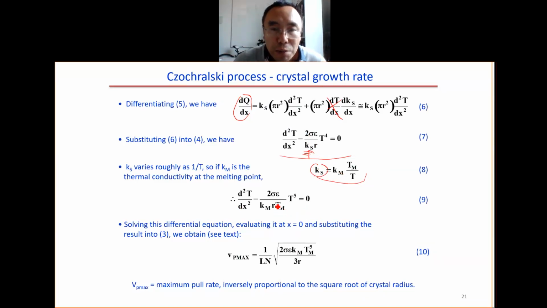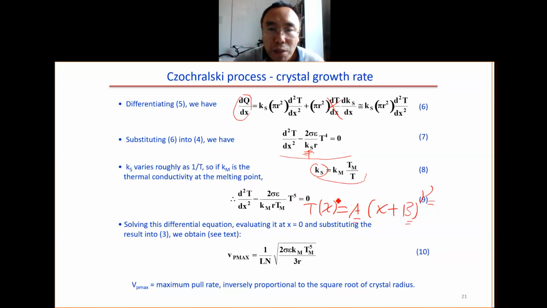To solve it, you can assume that T equal to (Ax plus B) to the power gamma. You can assume this is the answer. So this is the solution for this one. Then you do the derivation, 1 time, 2 times. You put this in. Finally, you can find out A and B and the gamma.